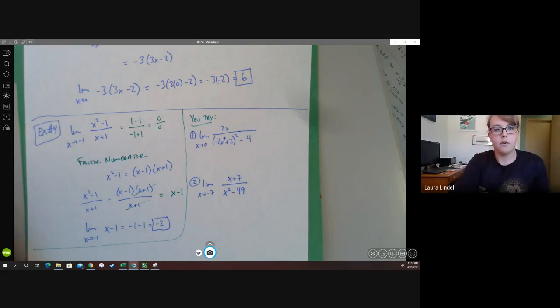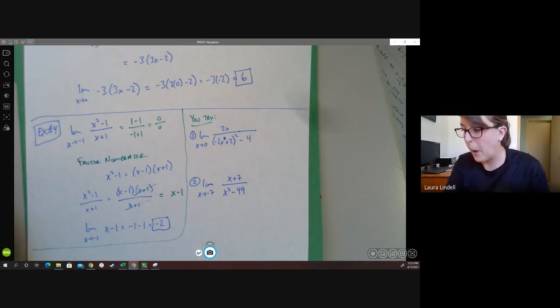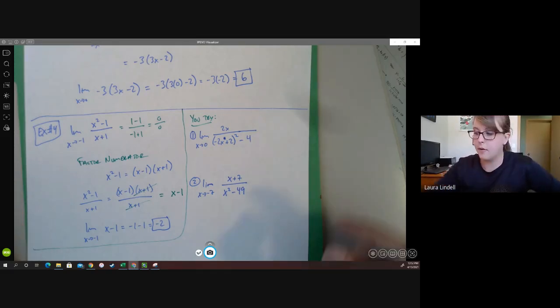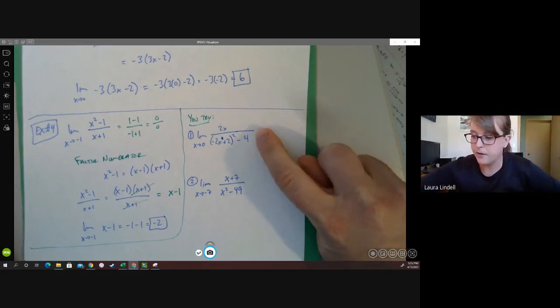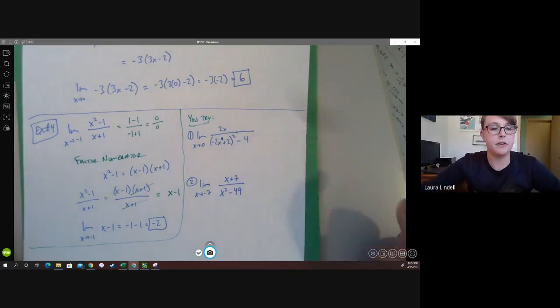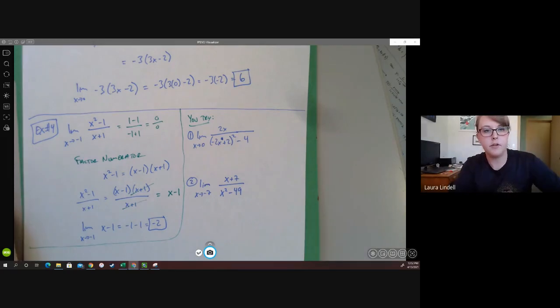Okay, so go ahead and give those ones a try. For hints, I would try expanding the denominator here. I would try factoring the denominator there. When you think you've got them, type "got it" in the chat.